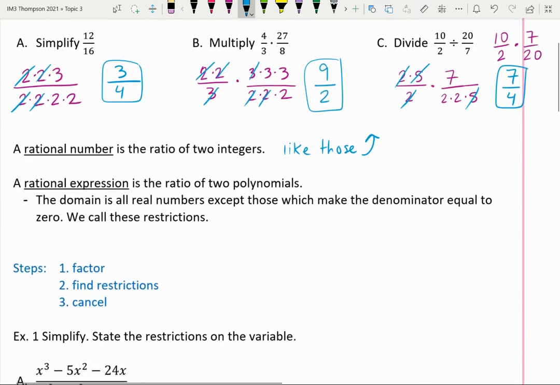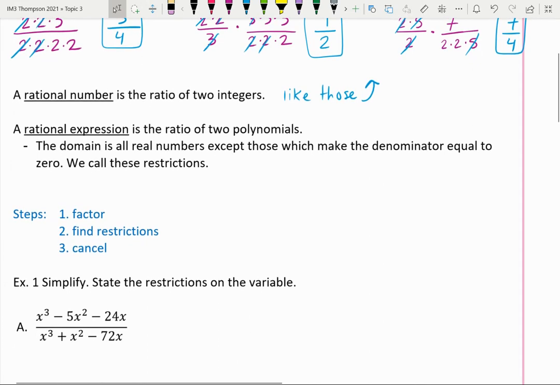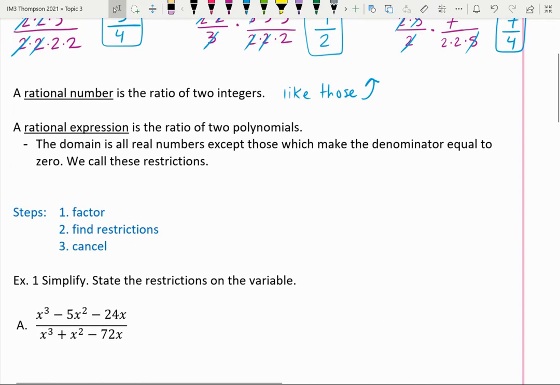Rational expressions are what we're talking about today. A rational expression is the ratio of two polynomials.